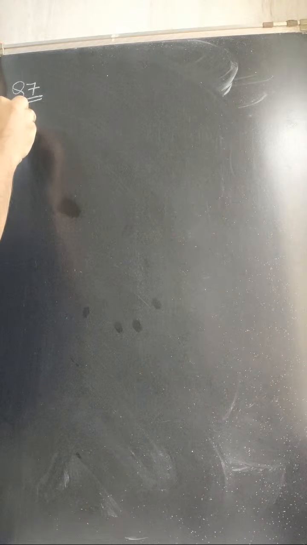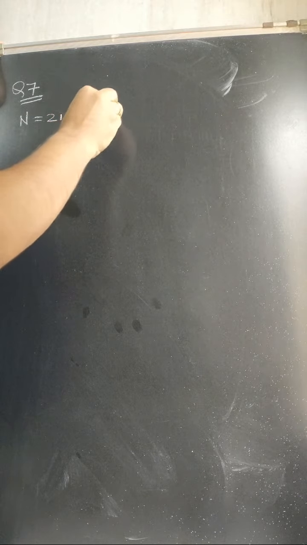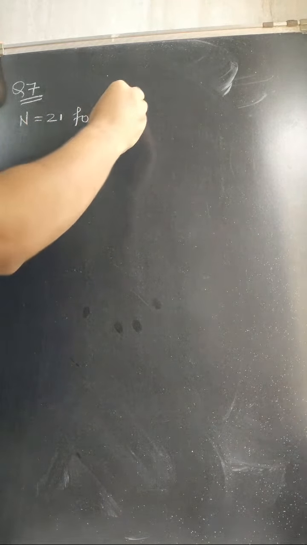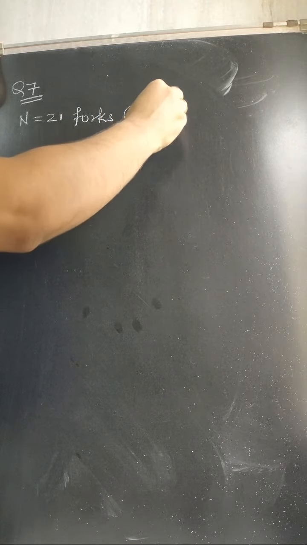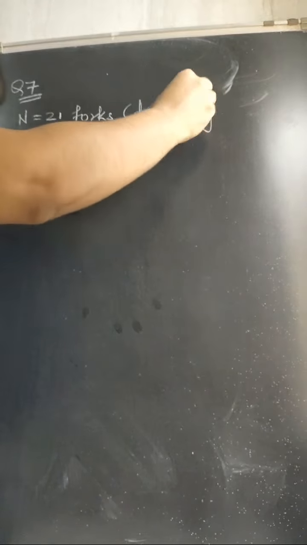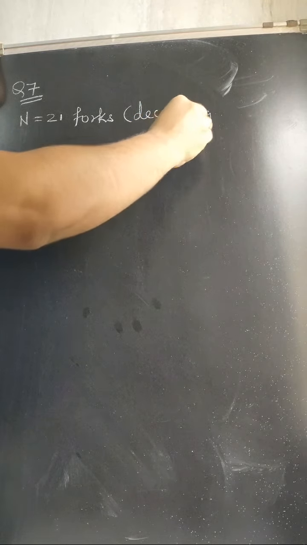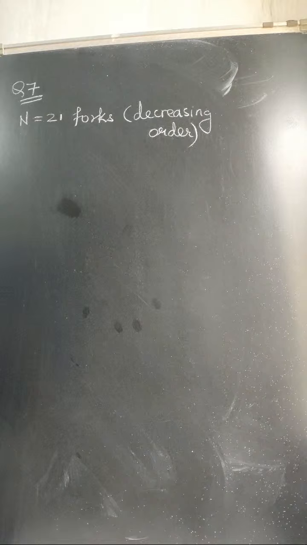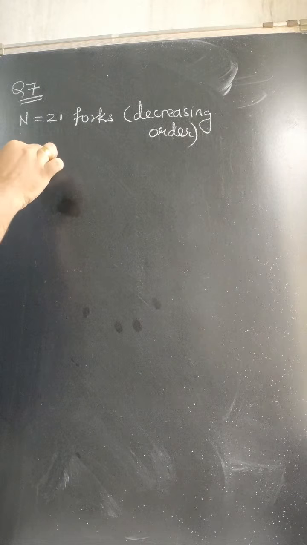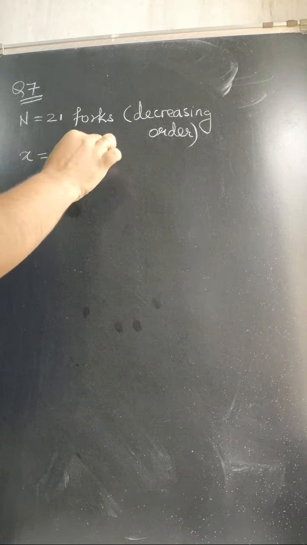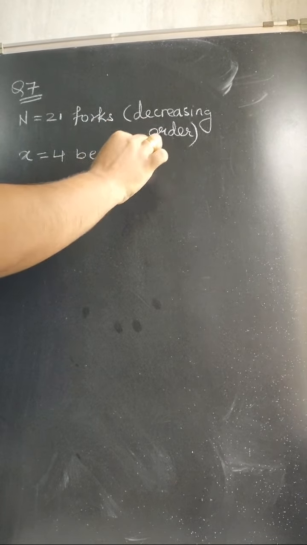In a set of 21 tuning forks arranged in a series of decreasing frequencies, capital N is 21 forks, arranged in decreasing order. Each tuning fork produces 4 beats per second, so x equals 4 beats per second.